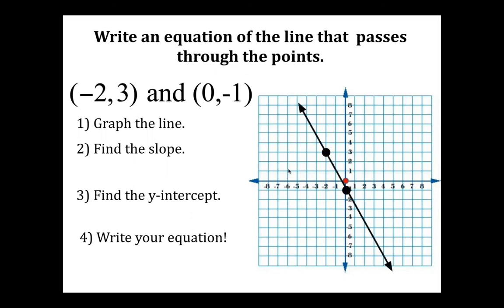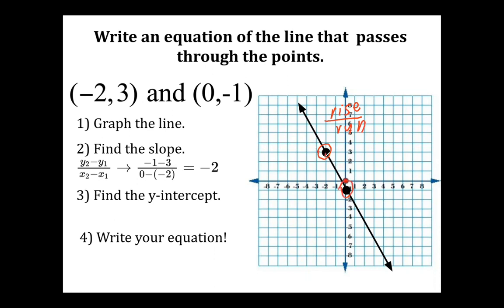Then draw a line through them, then find the slope. Once again, either slope equation or the graph. Personally, it's probably easier to use the graph since you've already plotted it. So I'll go ahead and calculate the rise over run by just counting from 2 solid points, which we already happen to have right here and right here.